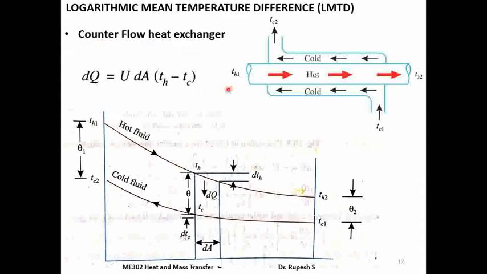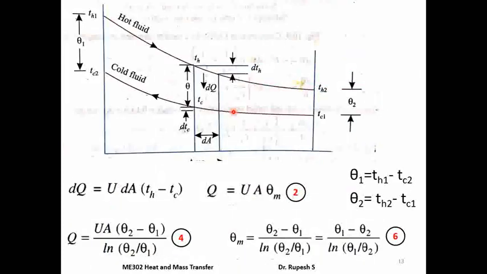If you integrate this heat transfer expression over the entire length of the heat exchanger, from inlet to exit, we get the expression for the total heat transfer rate, represented by equation number 4: Q = U A (θ2 − θ1) / ln(θ2/θ1).